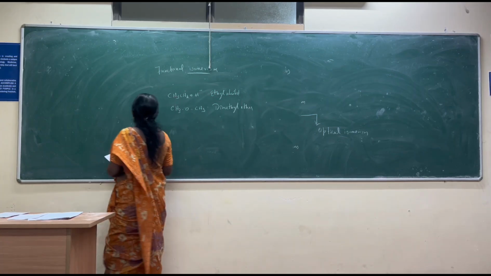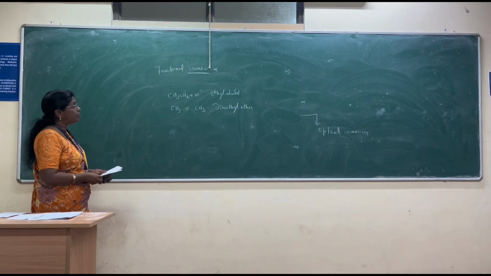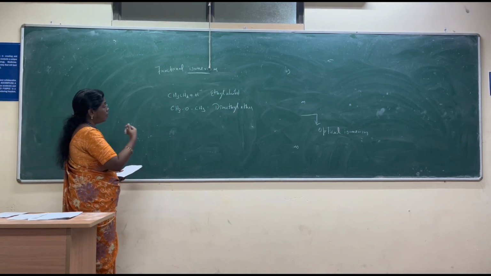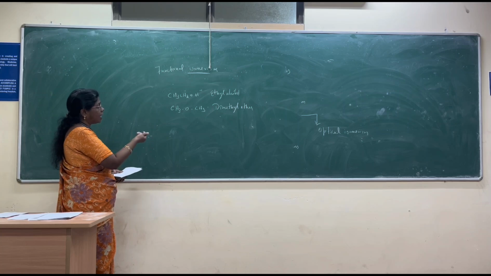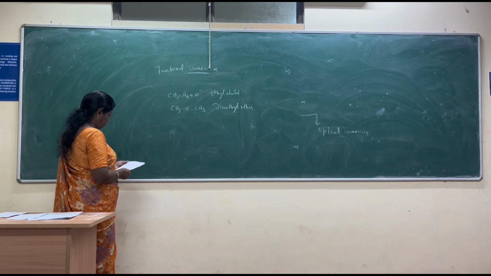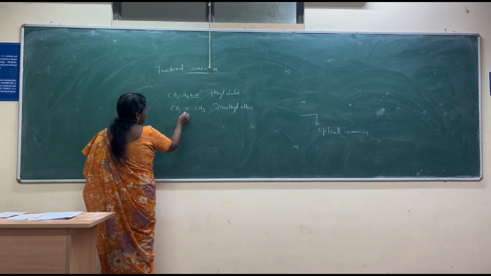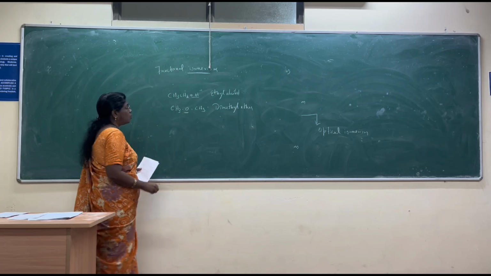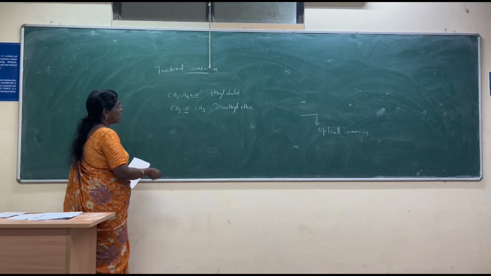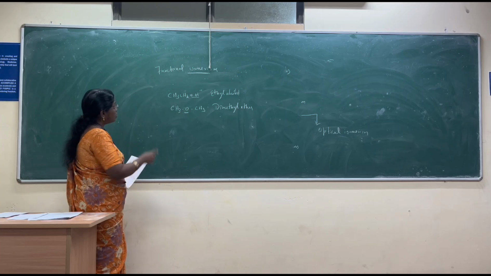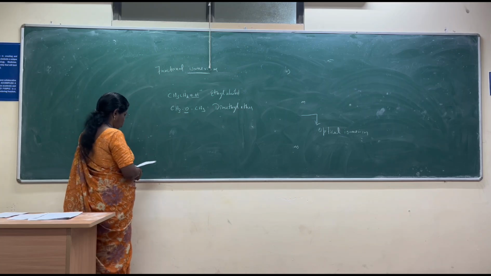This is an example of functional isomerism. Same molecular formula, but physical and chemical properties are different because of the different functional group. Here the functional group is alcohol, and here the functional group is ether. So ethanol and dimethyl ether are an example of functional isomerism.